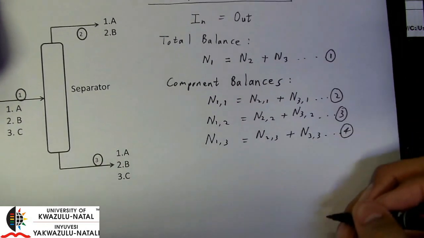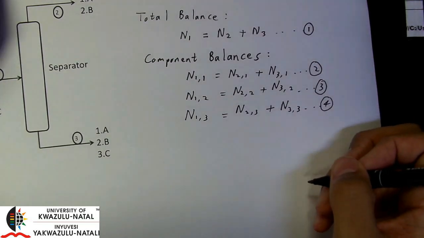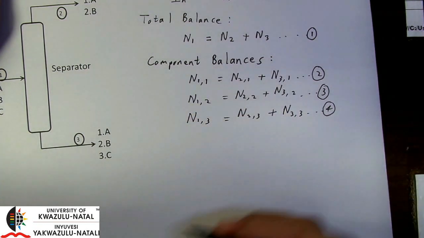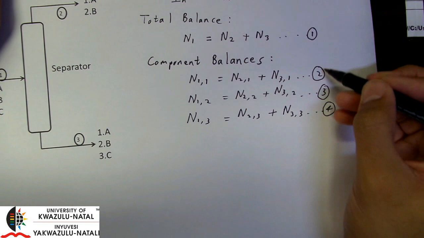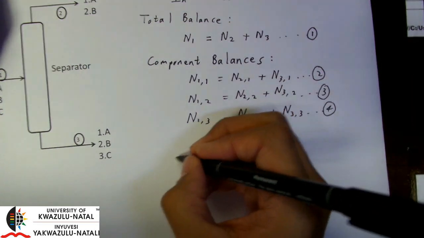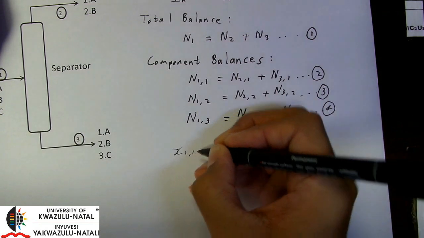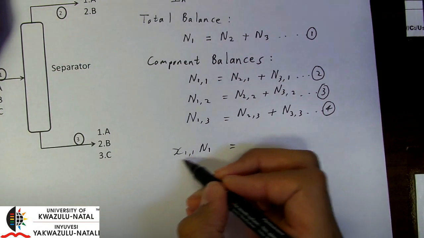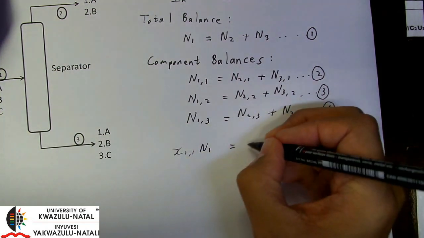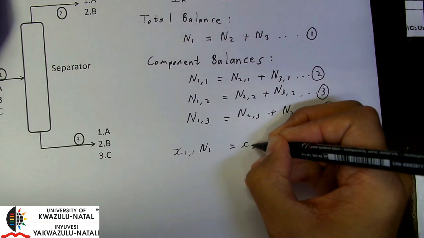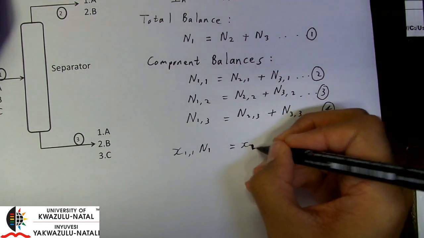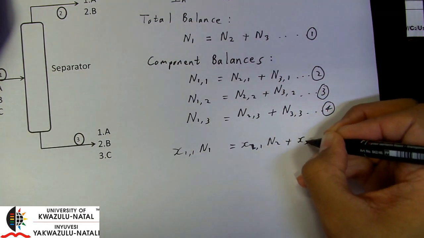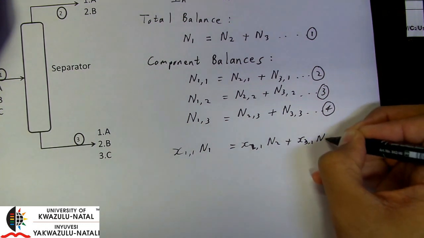We can also write these balances in terms of our mole fractions and total flows. Okay, so this is just a re-expression of these 3 component balances here. Okay, N11 is ultimately equal to X11 times N1. Sorry, that is X21. So X31 times N3.